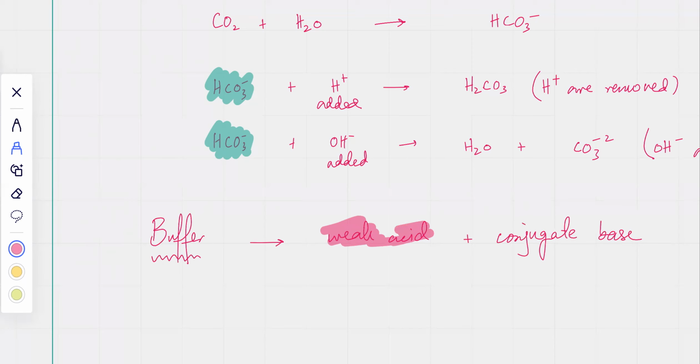A weak acid plus its conjugate base. These two things need to be mixed together. And the conjugate base is usually a sodium salt of the same weak acid. I'm going to just explain this quickly.